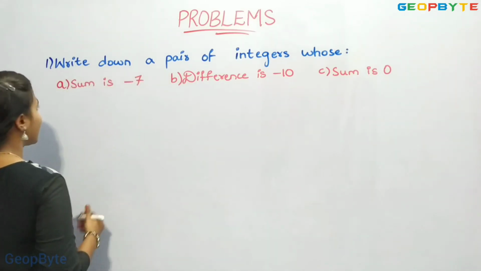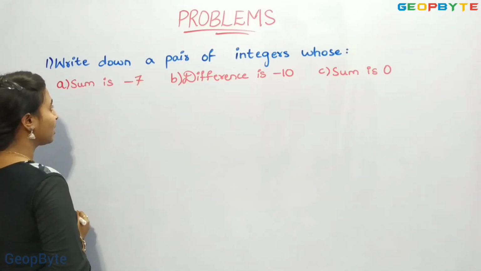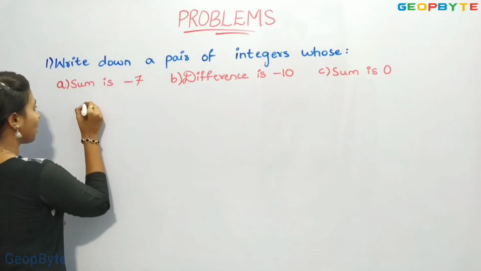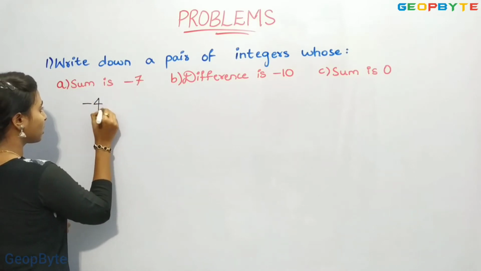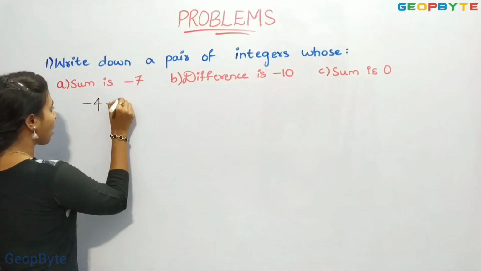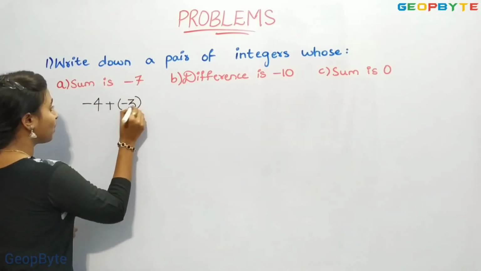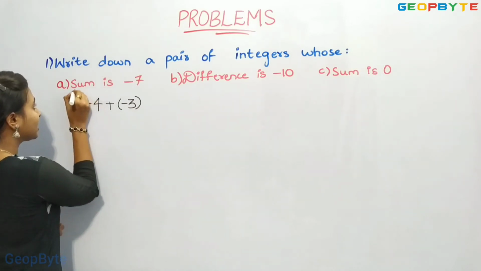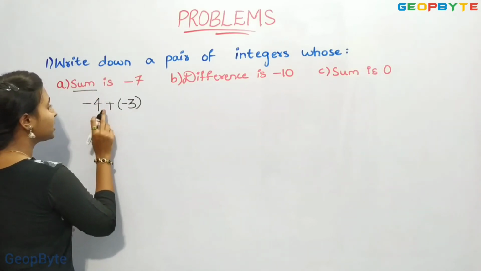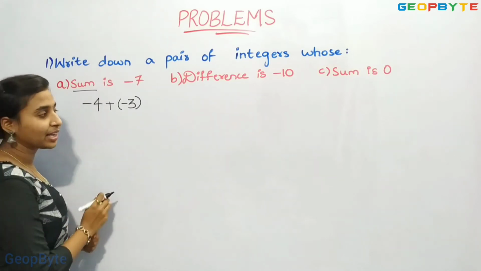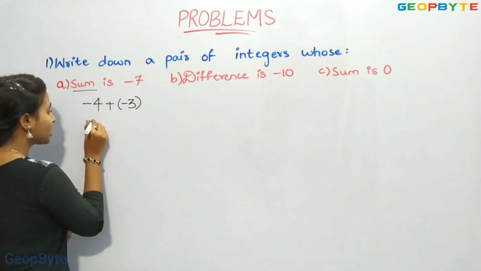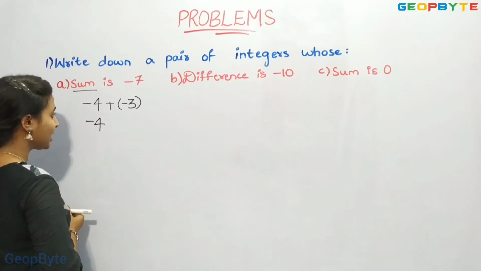We can take either positive integers or negative integers. See, in the first case, we have -7. Let us take -4 plus -3, because they asked sum. Sum means plus, adding. Now we have minus 4, write it as it is.